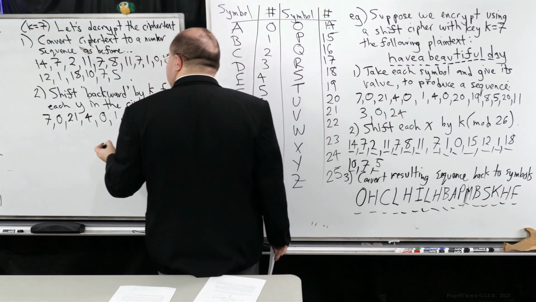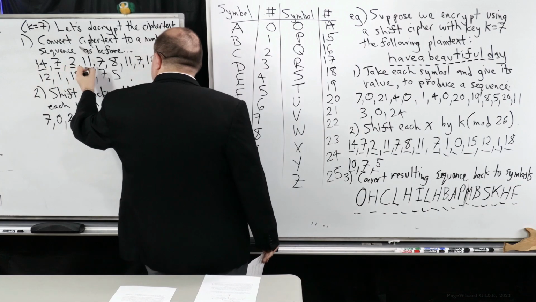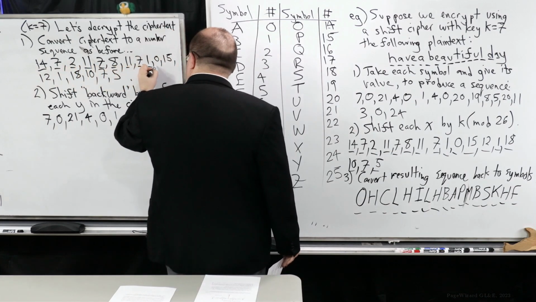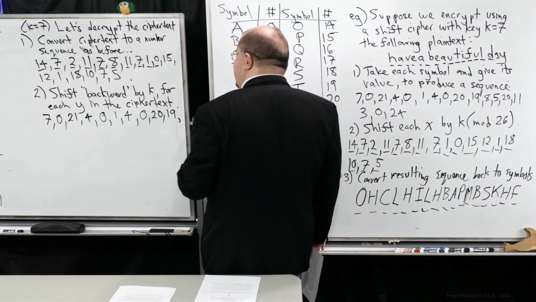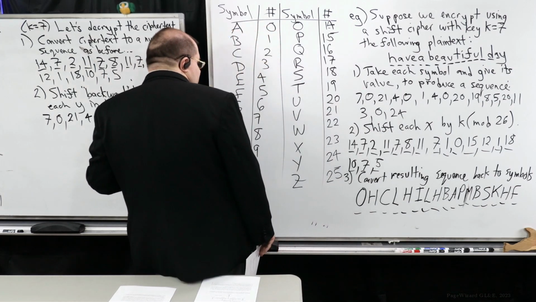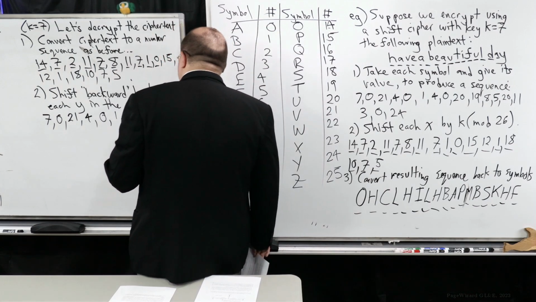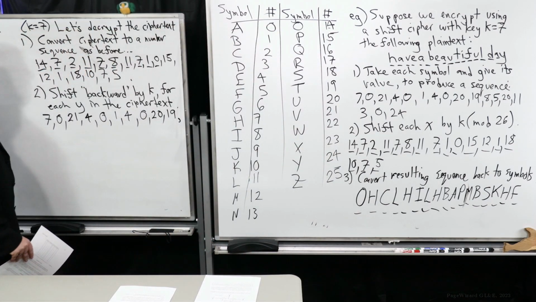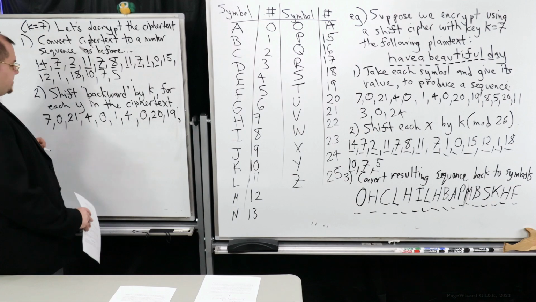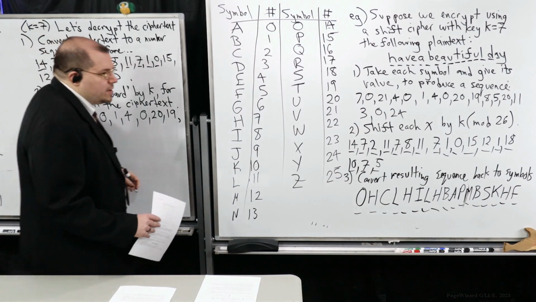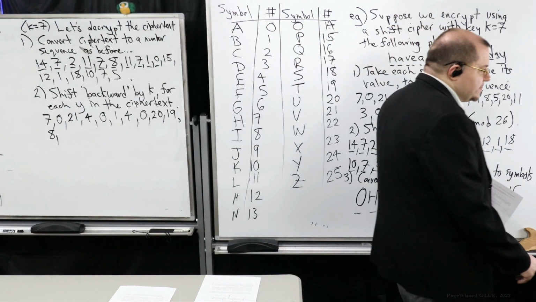Then 15. 15 subtract 7. What should we get? Well, subtract off the 5, you get 10. Then you subtract off 2, you get 8, right? Get 8.